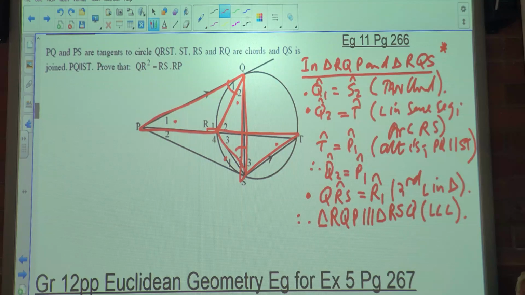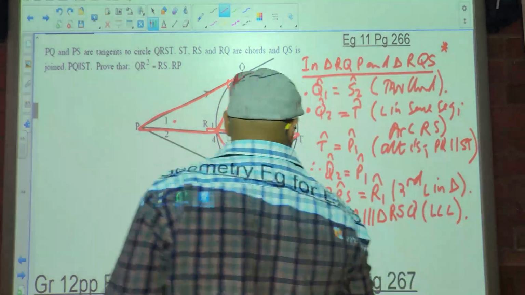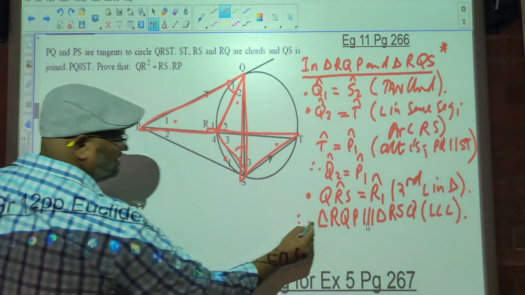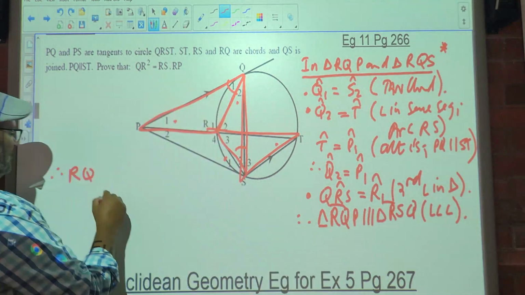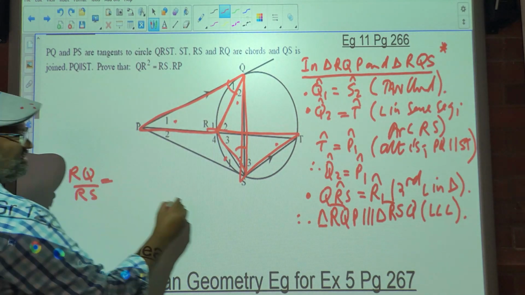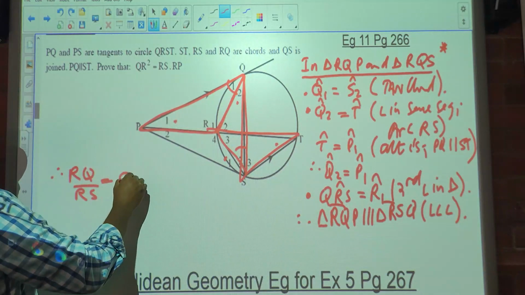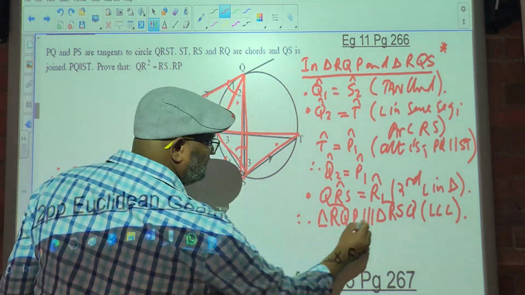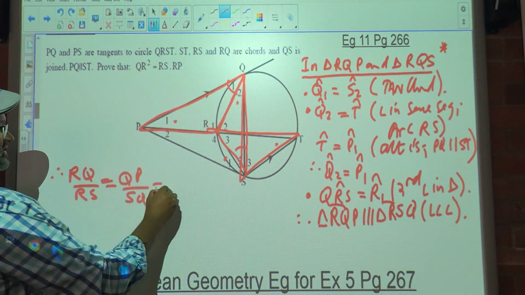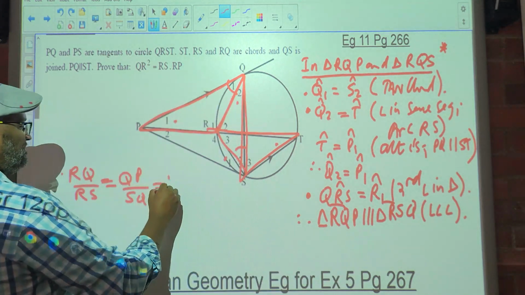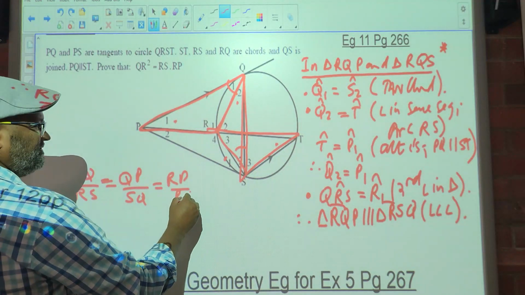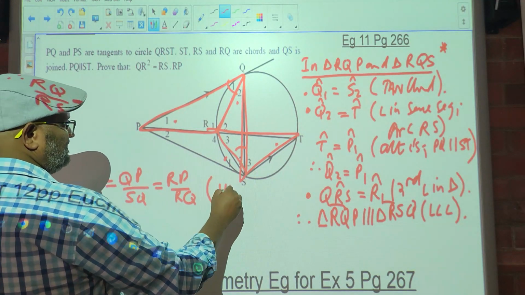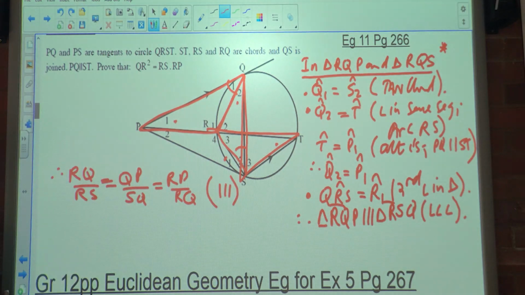Angle, angle, angle. So now we can conclude, therefore, RQ over RS is equal to QP over SQ equals RP over RQ. Why? Because of the triangles that are similar.